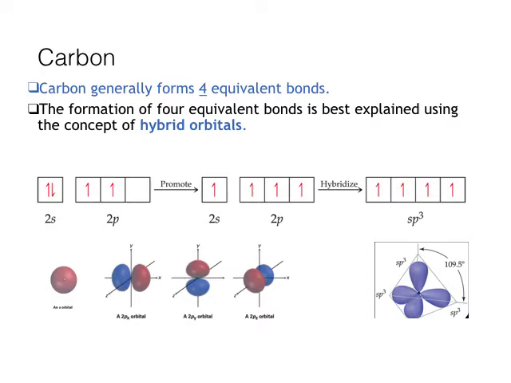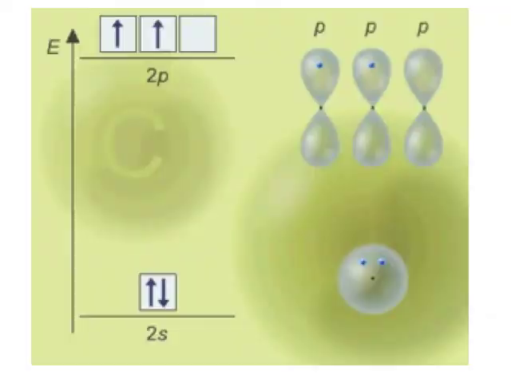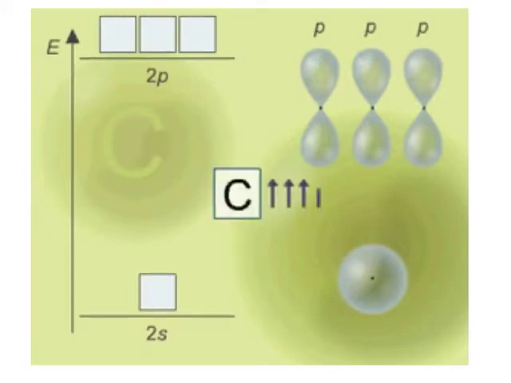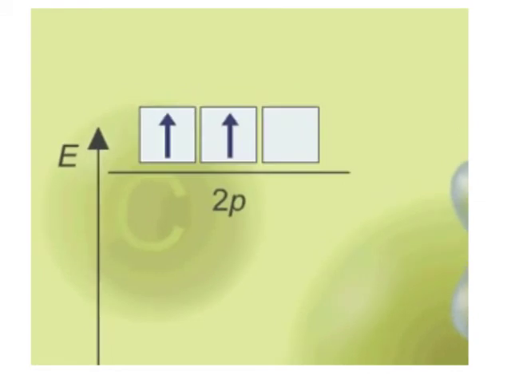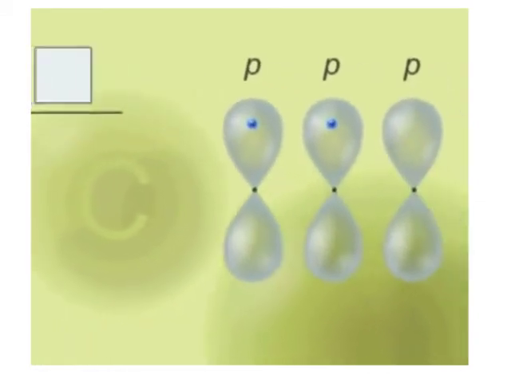We now look at how the sp3 orbitals are formed. A carbon atom has four valence electrons. Two of them are paired and located in the 2s orbital, but the other two are unpaired, occupying two of the three available 2p orbitals.